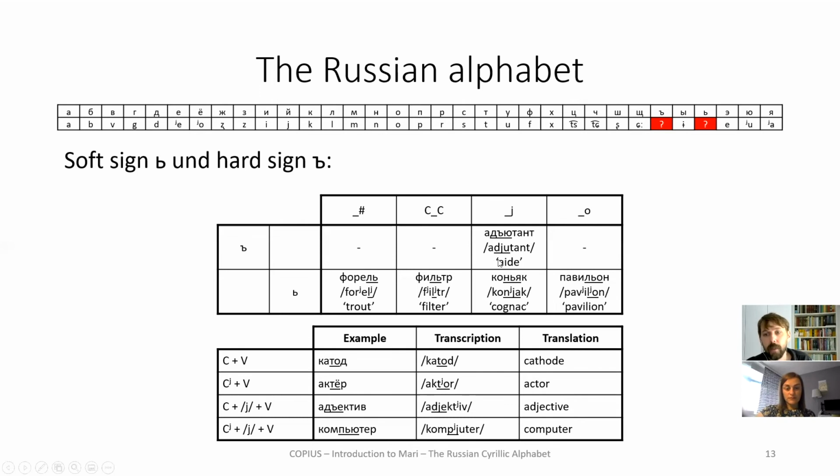But if we have a word like this one here, the aid. Adjutant. So what we have here is a D that is not palatalized, followed by U. And naively one might assume, why don't I just write A, D, U. But if you wrote A, D, U, it would be A, palatalized D, U. So you would have a palatalization that you don't want, but you would not have your Y sound.